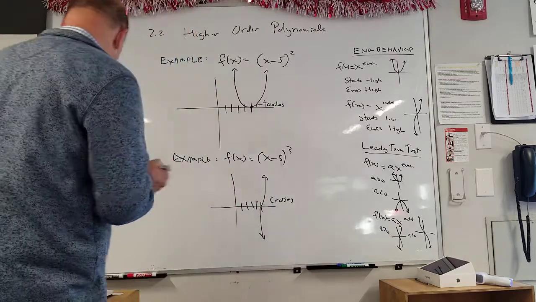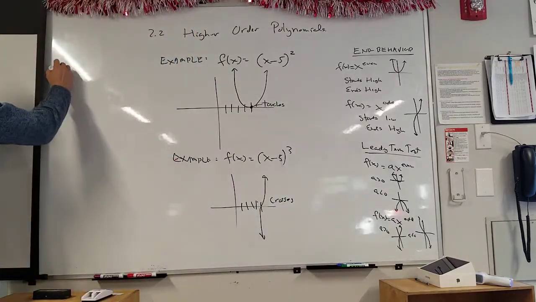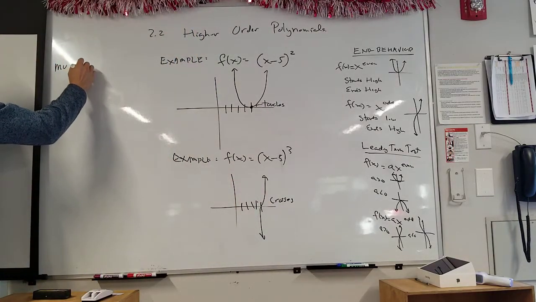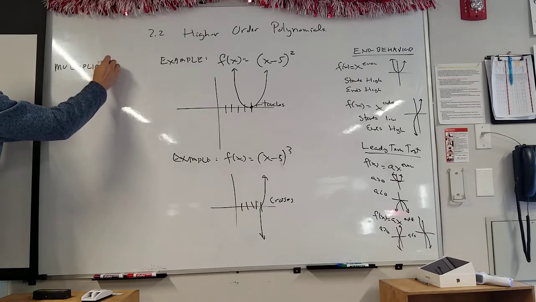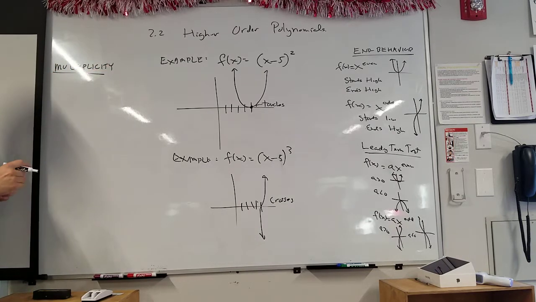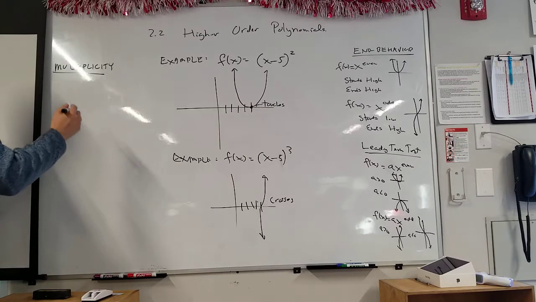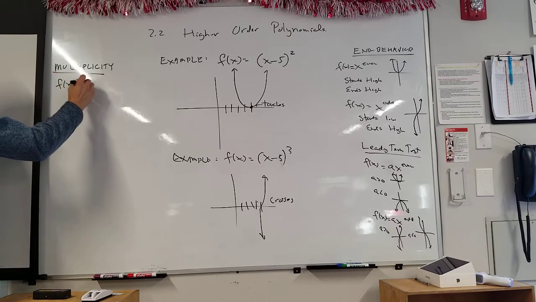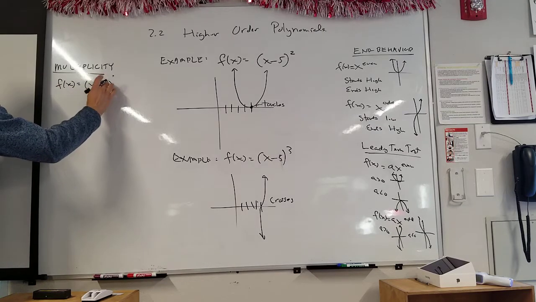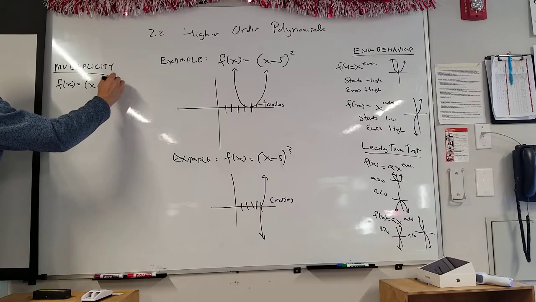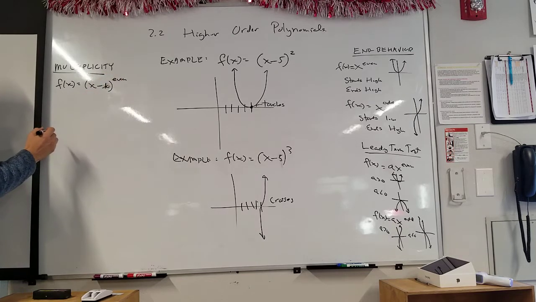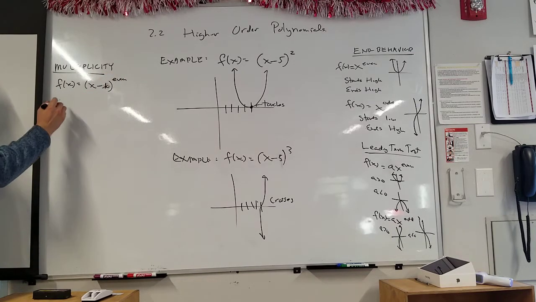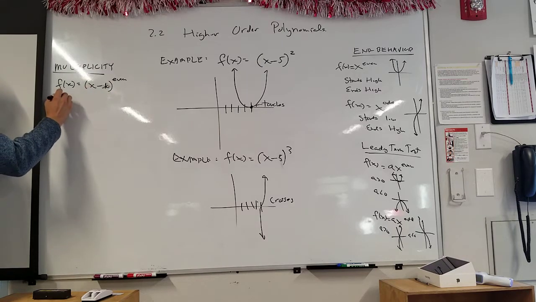This is called multiplicity. Not the movie. There's a movie called Multiplicity, that's a little different. So it means this: x minus k, that's a k value, to the even power. If it's an even power, it's only going to touch.